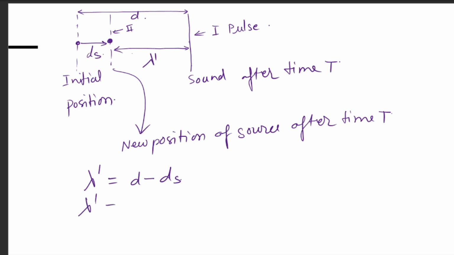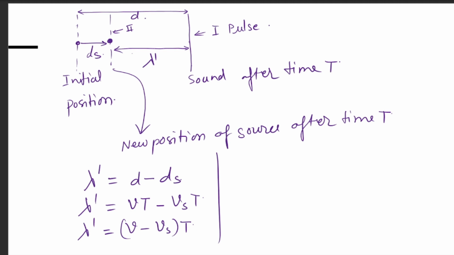So I can write lambda dash is equal to vT minus vsT. So lambda dash is equal to (v minus vs) into T.